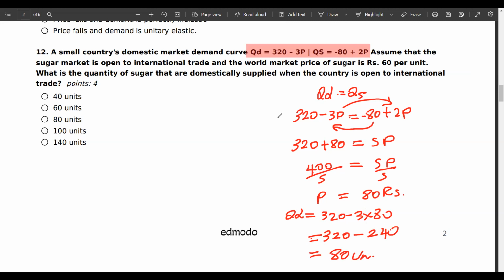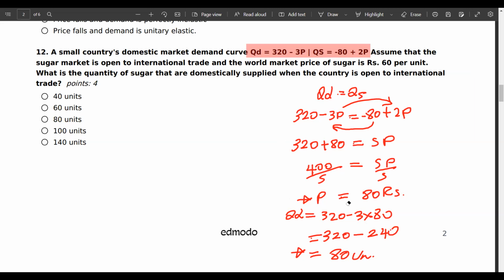Since we got both to be the same, I'm just thinking whether everything is fine or not. It can happen, but again, if I go through 320 minus 3P equals minus 80 plus 2P, then the 3P goes to the other side. So 5P here, 80 comes, 400. 400 over 5 is, my bad, I made a mistake here. No. So 400. Yeah, no, that's correct. 400 over 5 is 80. That's fine.